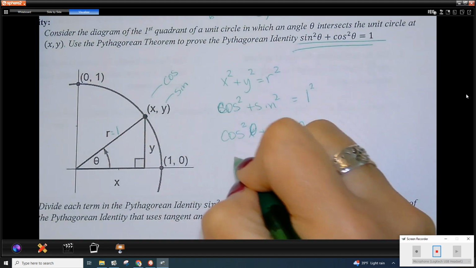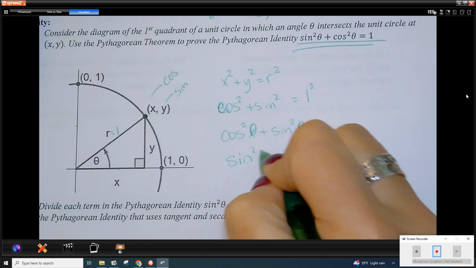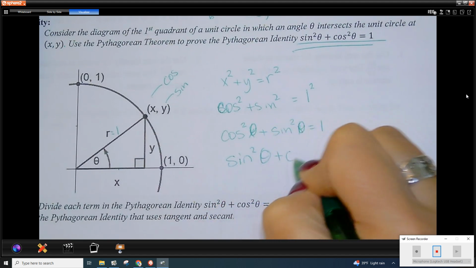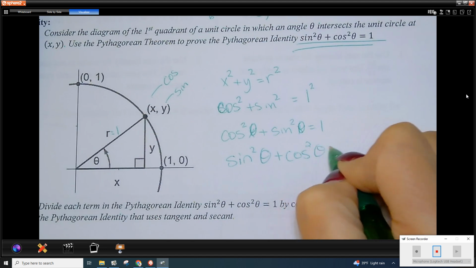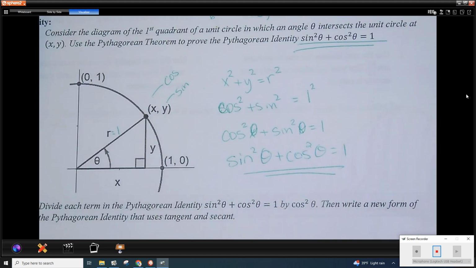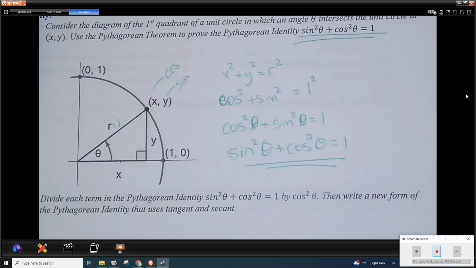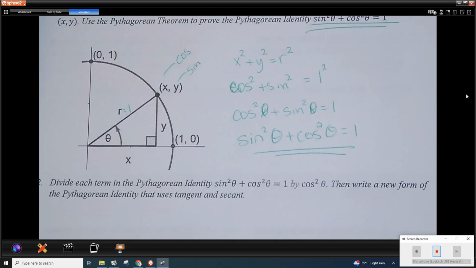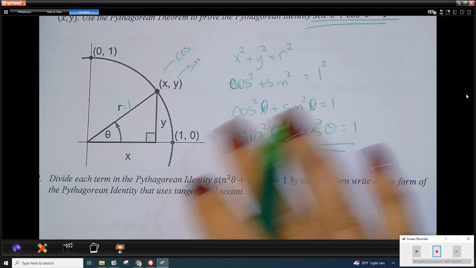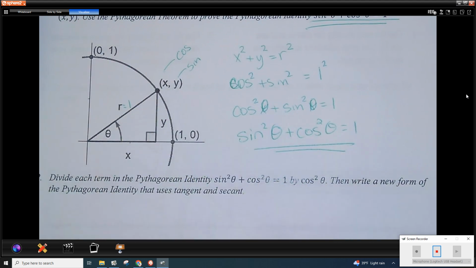So sine squared of theta plus cosine squared of theta equals 1. Okay, so that's an identity you will use a lot. I think I may have showed you in the notes one of the days, but we proved it right there because of this right triangle.